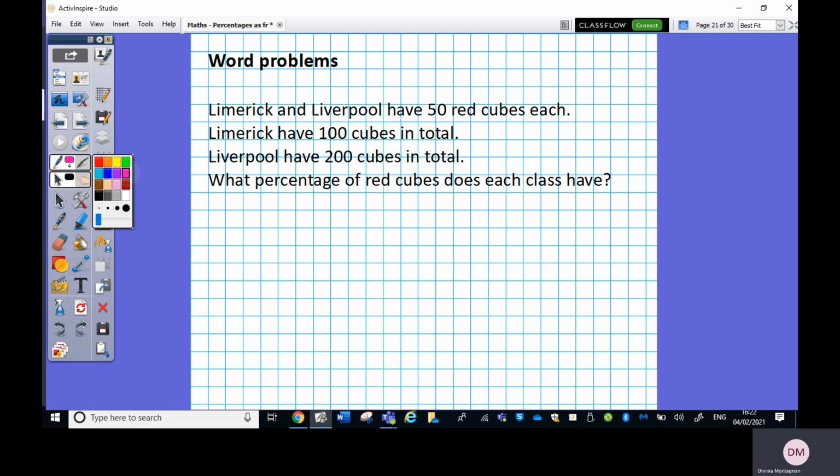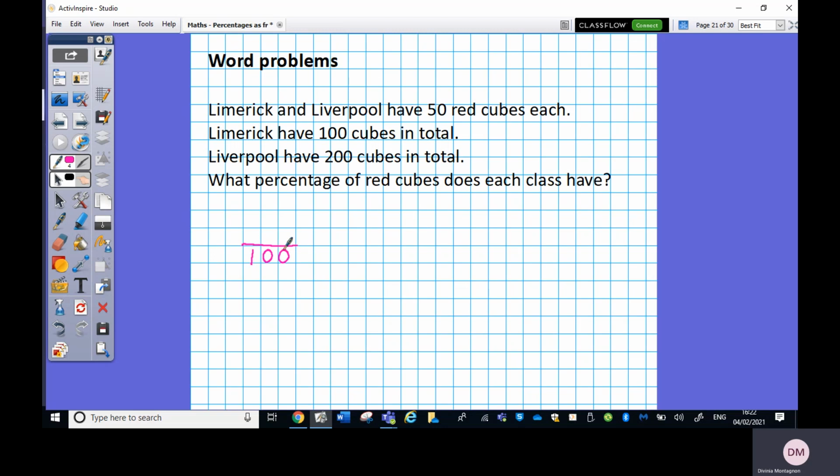We have Limerick and Liverpool have 50 red cubes each. Now Limerick have 100 cubes in total and Liverpool have 200 cubes in total. What percentage of red cubes does each class have? So let's take a look. We know that Limerick have 100 cubes in total, so that's going to be our denominator.